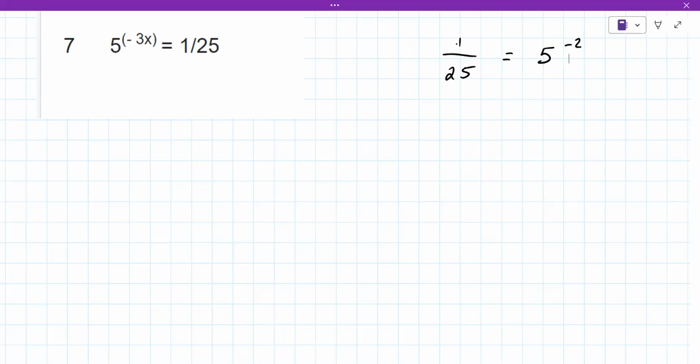So it'd be 2 over -3. That is not correct. It's 5 to the negative 2 power on the right here. Then you set the exponents equal.